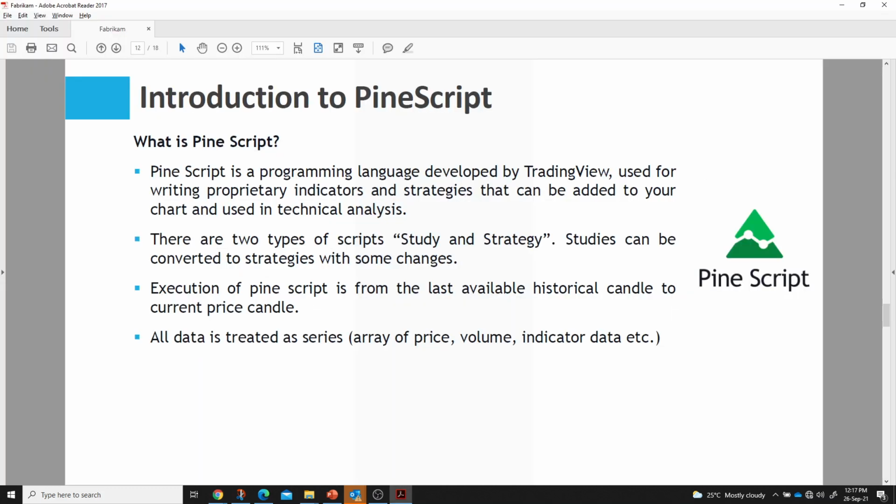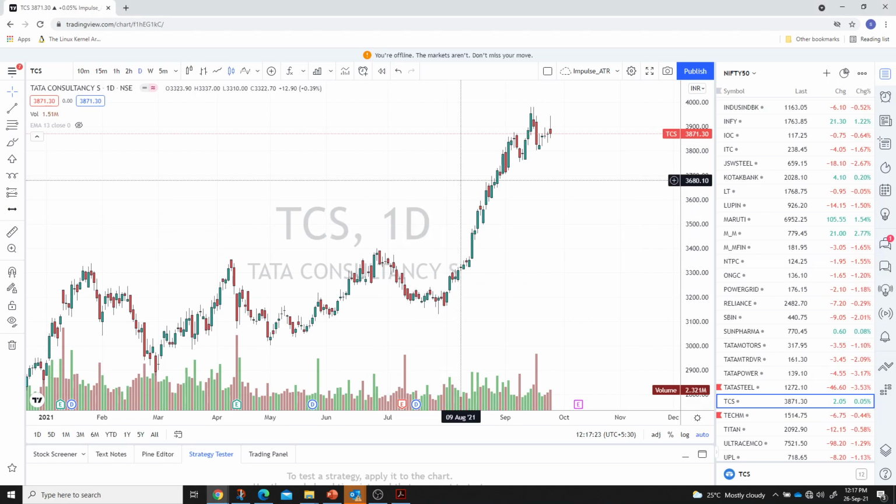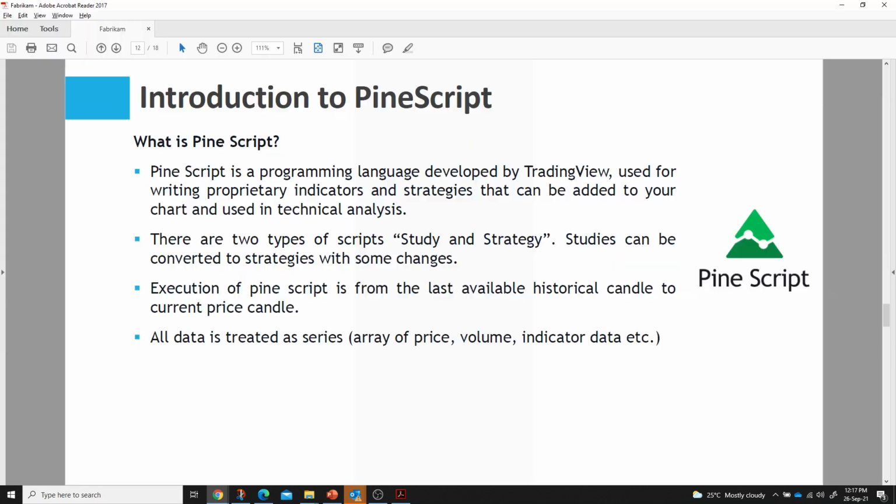Then all data is treated as series. So when you look at a script, I will open it shortly. You will see that the data which it has is all time series, or a series in time.